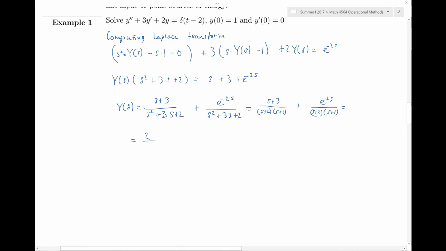So we have 2 over s plus 1 minus 1 over s plus 2 plus e to the minus 2s multiplied by 1 over s plus 1 minus 1 over s plus 2. Inverting this is quite easy. I get 2 e to the minus t minus e to the minus 2t plus I get two functions, e to the minus t shifted by 2 units minus e to the minus 2t shifted by 2 units.